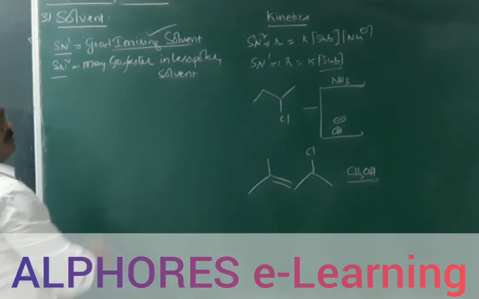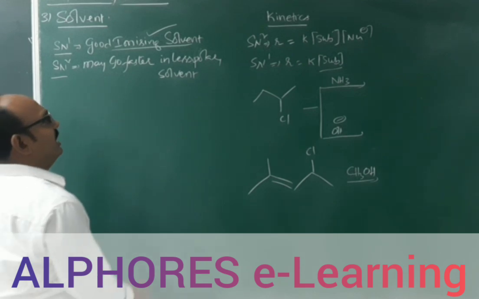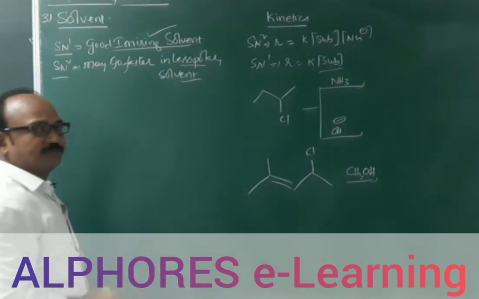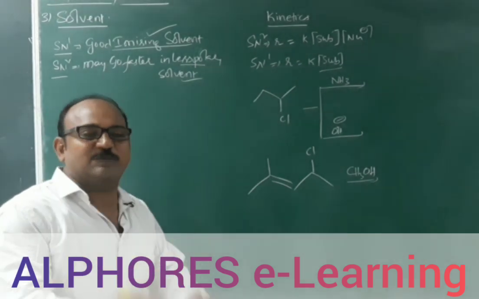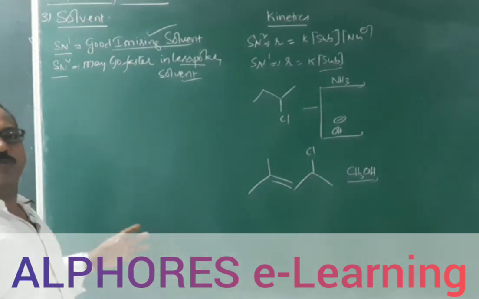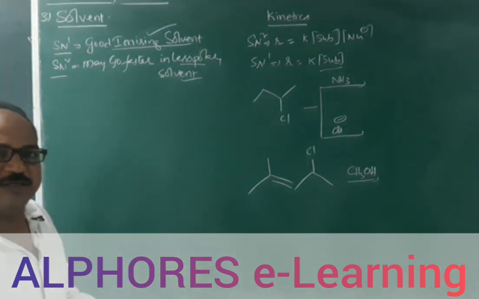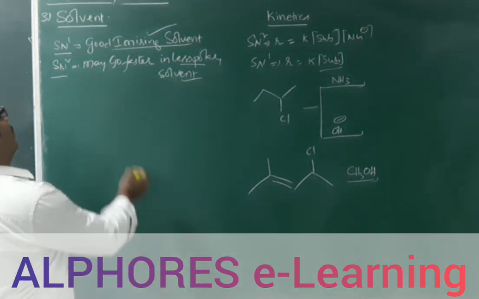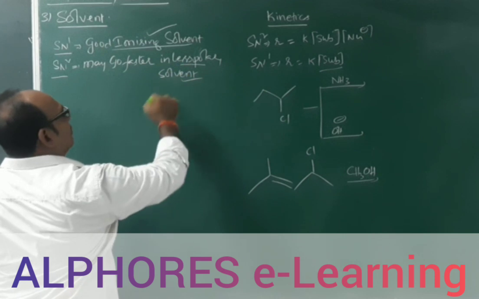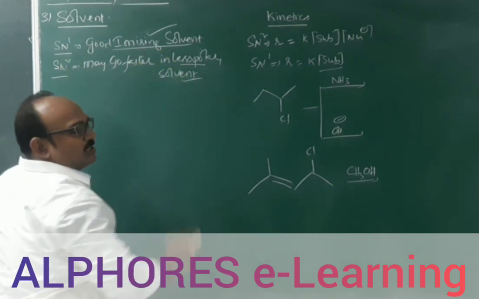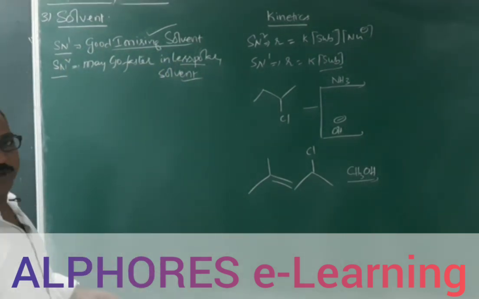For SN2, it may go faster even in a less polar solvent. Generally we use polar aprotic solvents like DMF or DMSO or crown ethers. So for SN2 a less polar solvent is required, and for SN1 a more polar solvent is required, respectively.